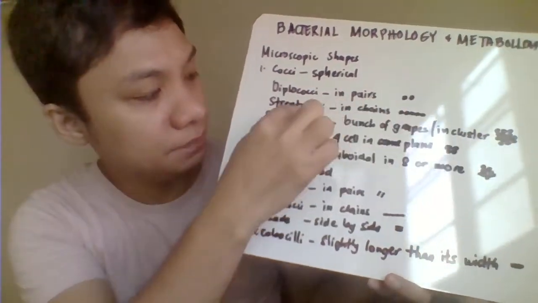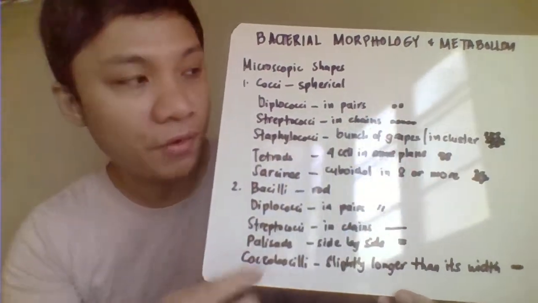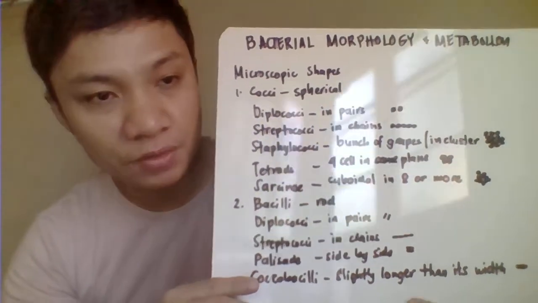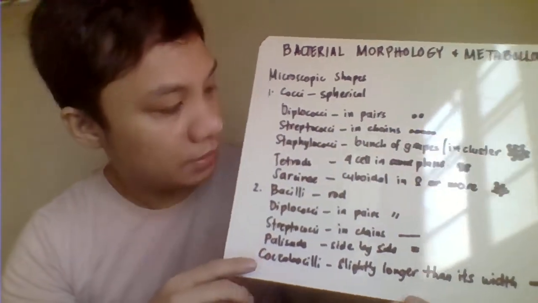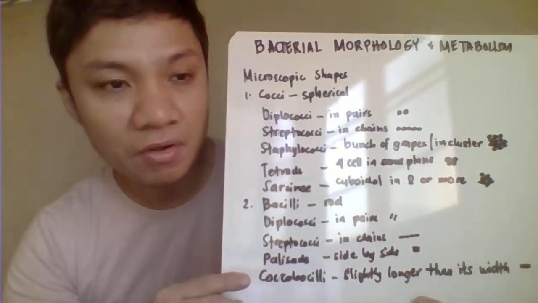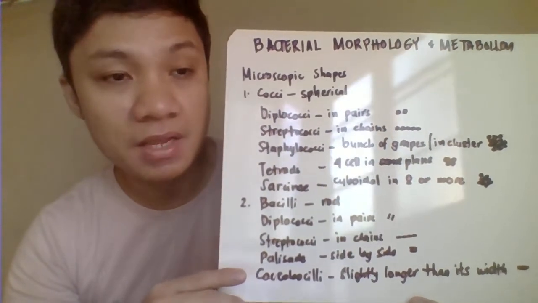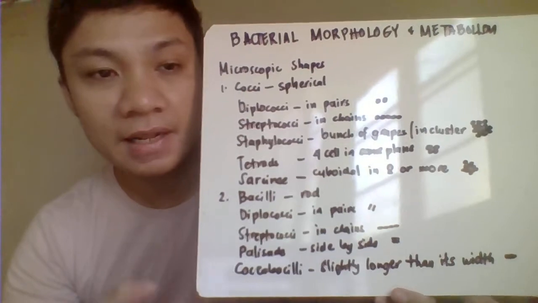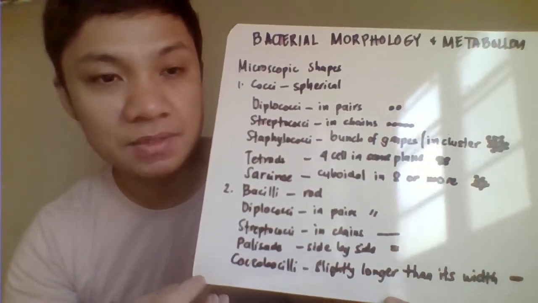So, two. On the other hand, they are also able to form chains. You call that one streptococci. Then we also have your staphylococci. Those are round, spherical bacteria wherein they are in a cluster or bunch of grapes arrangement.